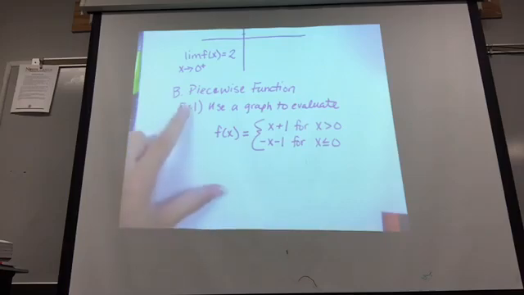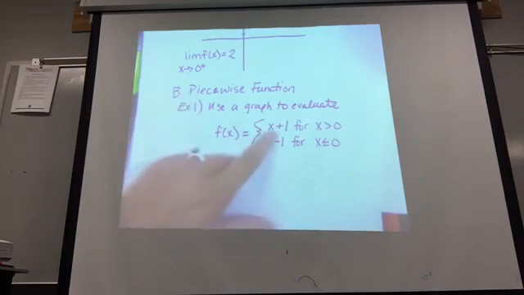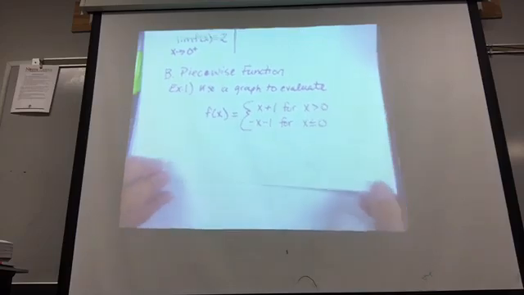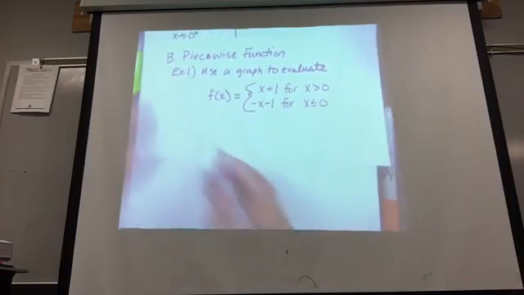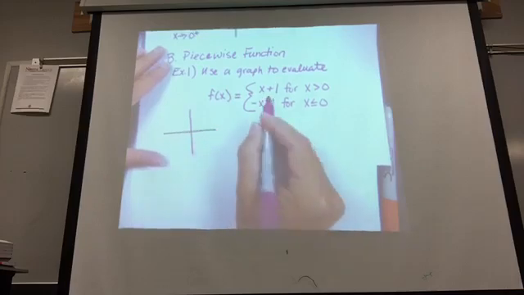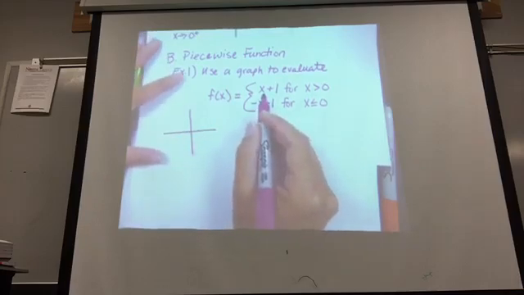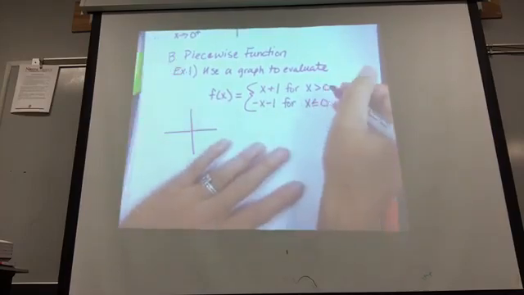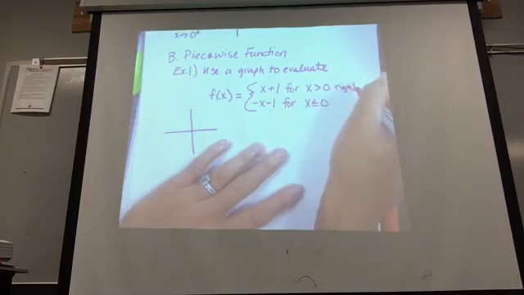Remember, piecewise functions have 2 or more expressions defined on certain intervals. So I want to sketch a graph. I have the linear piece x plus 1, and it's going only to the right of 0.